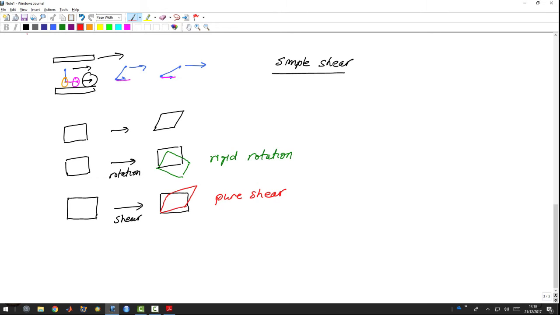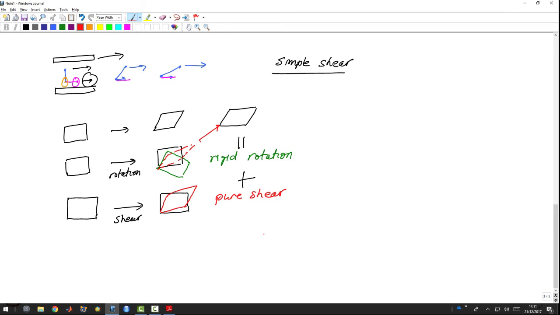Now if I add these two, then I get this. So basically, if rotation is there, and on top of this rotation I impose a shear, then I'll get simple shear. So this plus this together will give me the simple shear that we see.